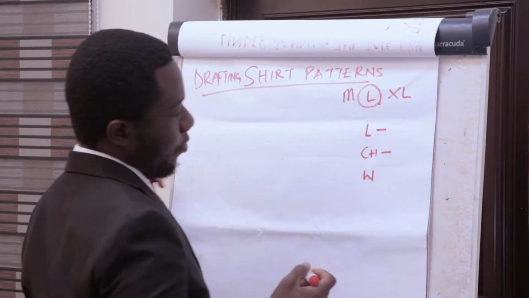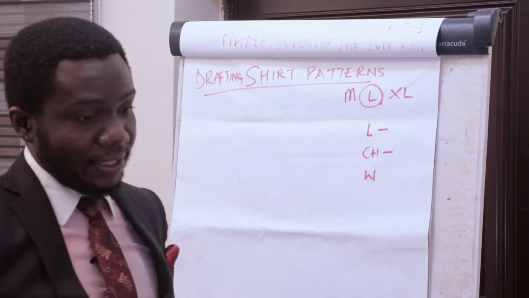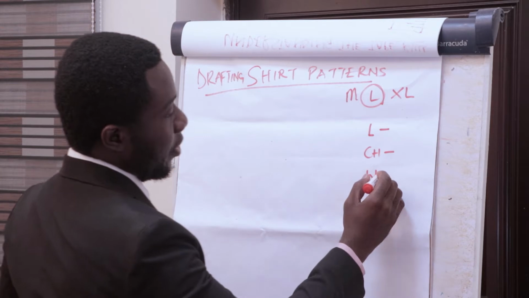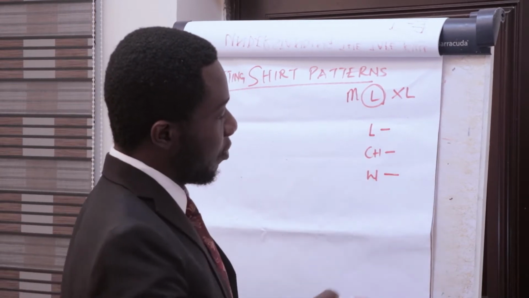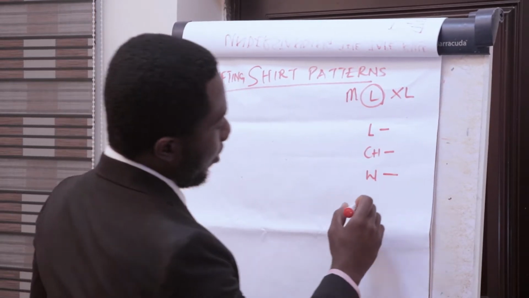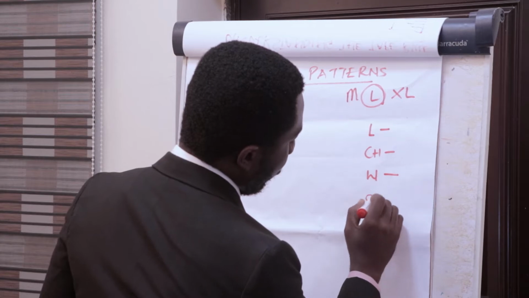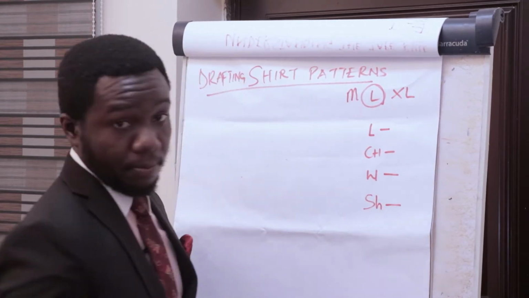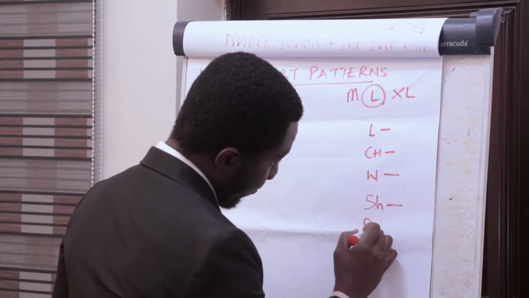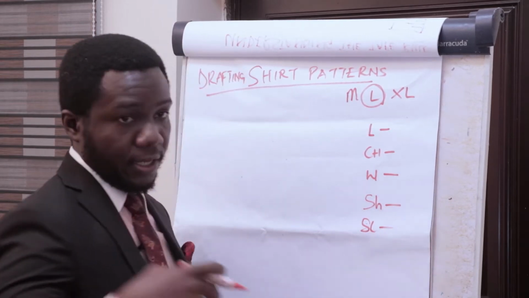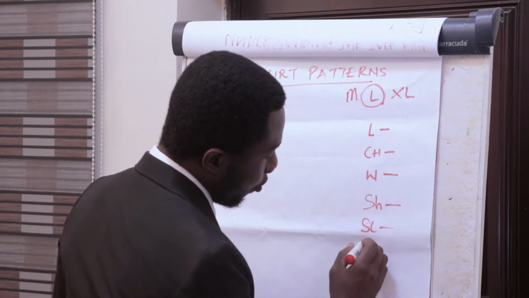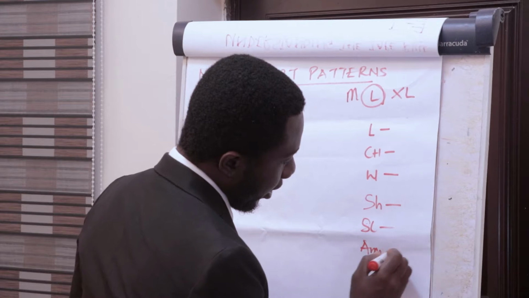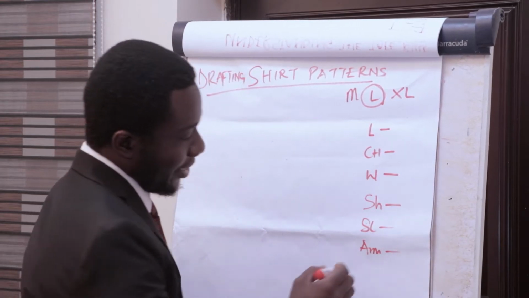When I say waist, I don't mean the proper waist, I mean the upper waist, which is going to be the shaping point of the shirt. And then we'll talk about the shoulder, the sleeve circumference, some people call it arm, and then we'll talk about the neck.